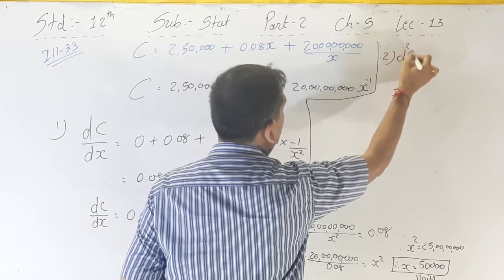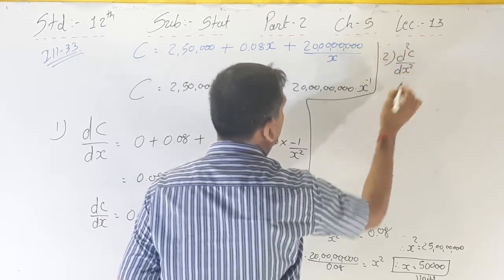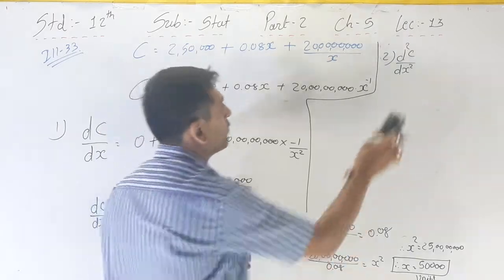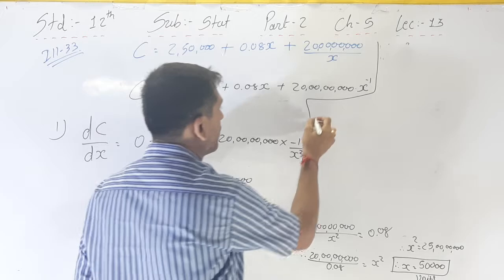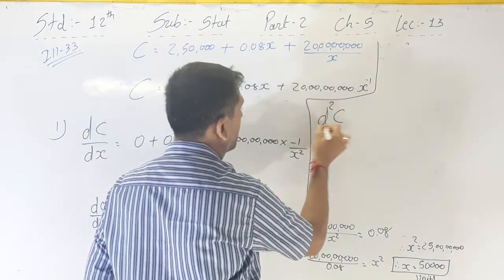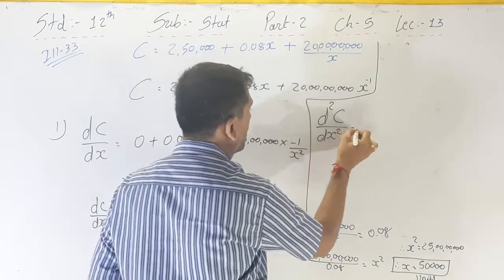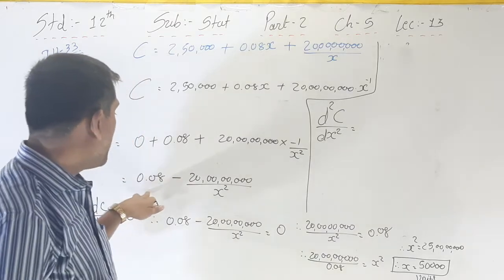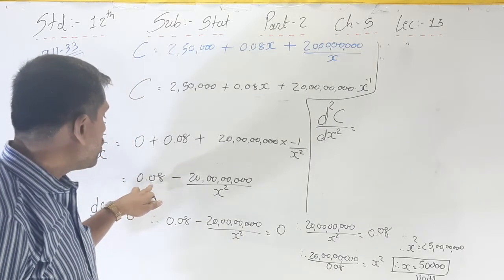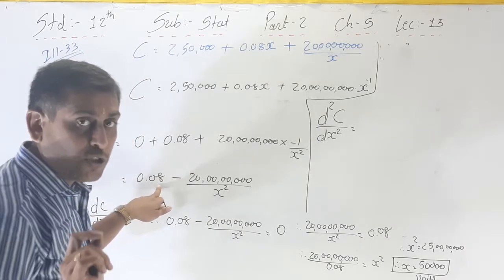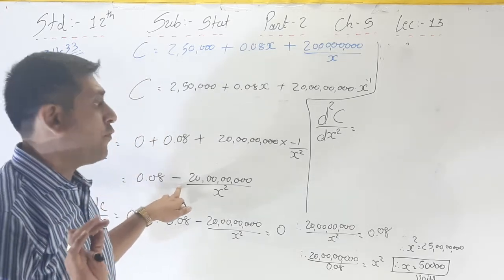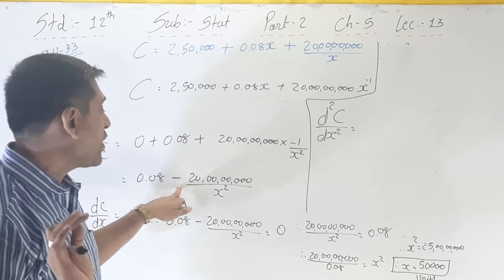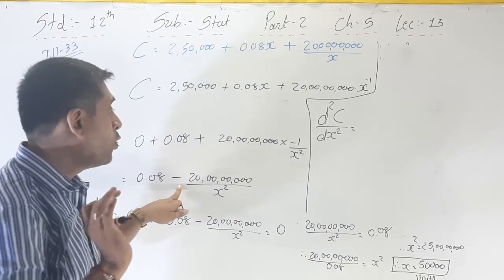d square C by dx square. What is the second differentiation? See here, 0.08. The differentiation of 0.08 is 0, and the differentiation of minus 20 crore upon x raised to 2.